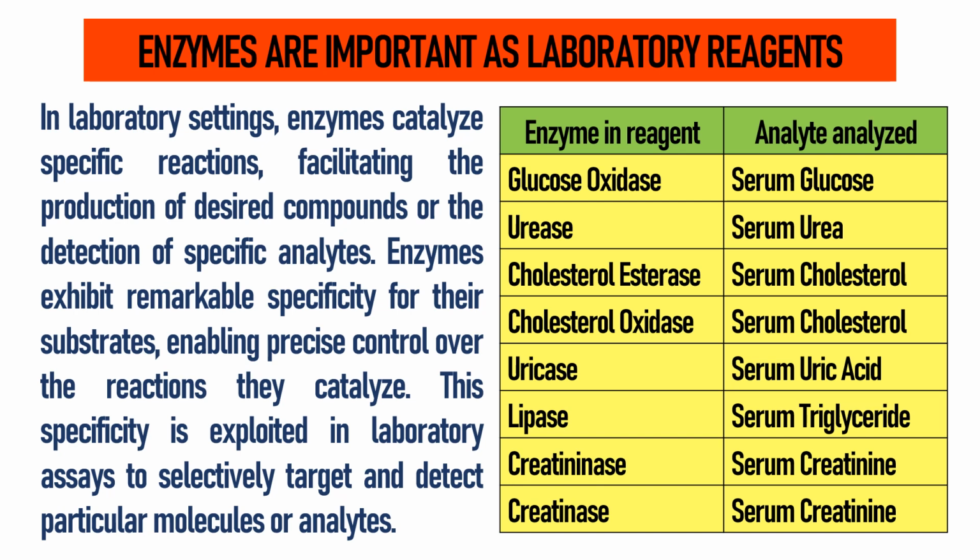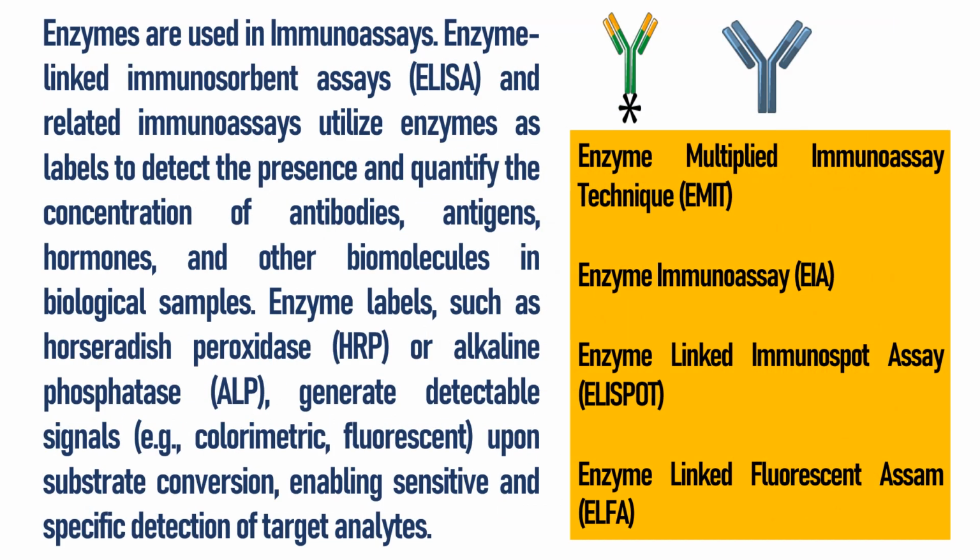The versatility of enzymes can be employed in a variety of biochemical assays, some of which have been depicted in the box here. Enzymes are used in immunoassays. Enzyme-linked immunosorbent assays and related immunoassays utilize enzymes as labels to detect the presence and quantify the concentration of antibodies, antigens, hormones, and other biomolecules in biological samples.